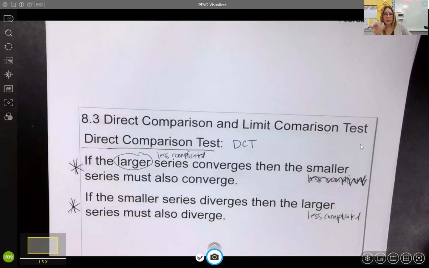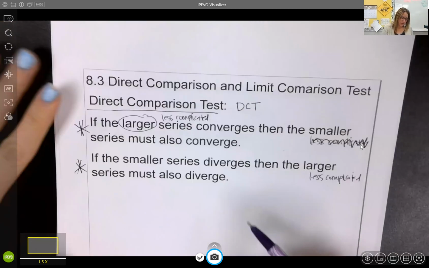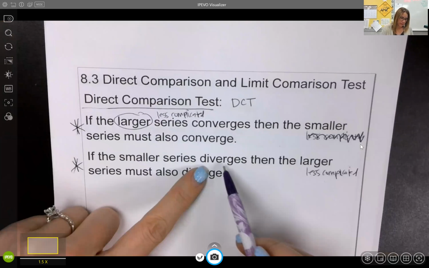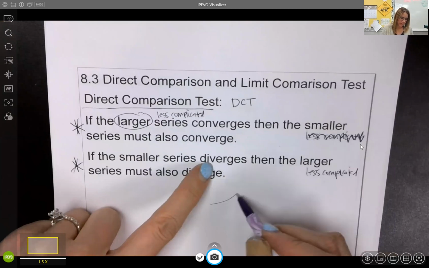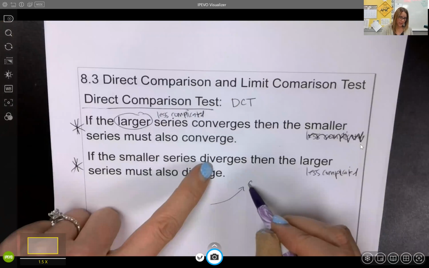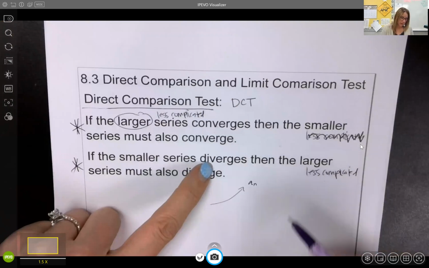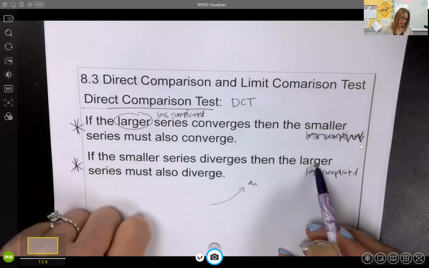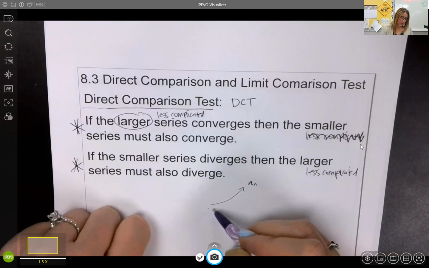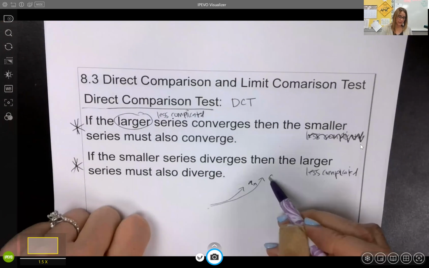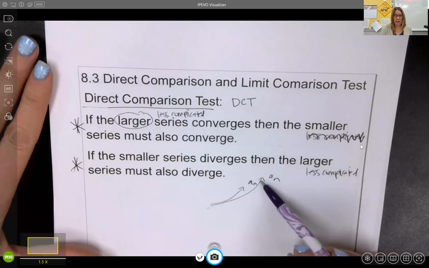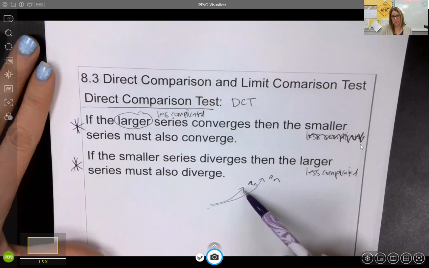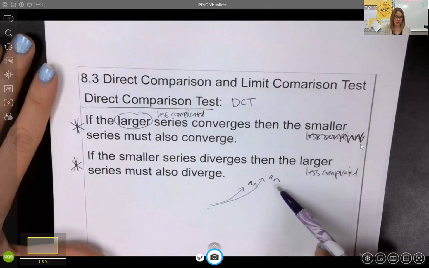So what we're trying to say is that if I have a function that I know diverges, let's say this is a to the n, b to the n, we mix those up, okay? Then I'm going to compare it to something that I know, and I'm going to say, all right, well, this one is even bigger than this one, so it's going to diverge still, but it's going to diverge even a little bit higher, which isn't necessarily true, but it's just a good drawing to show you what that's looking like.